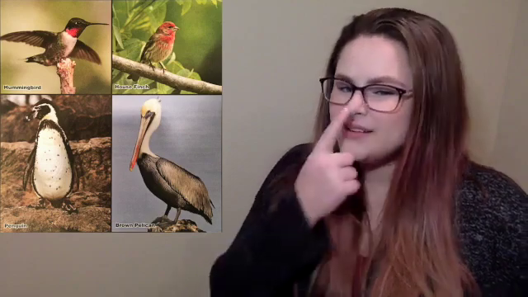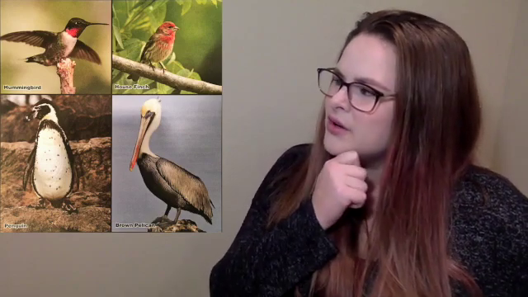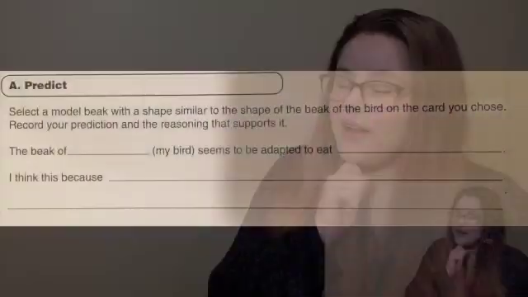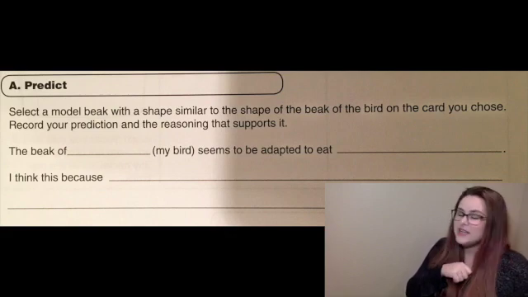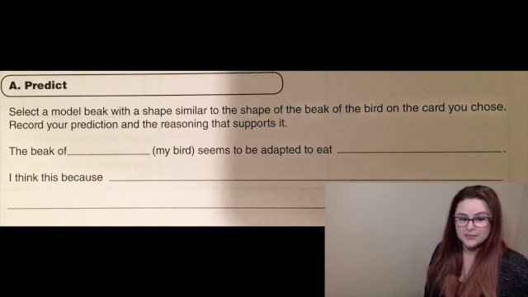And then based off that beak, which of these birds would eat nectar? Make your prediction and write on a brand new page with the title Beaks. And I want you to predict using this question which birds eat which items.